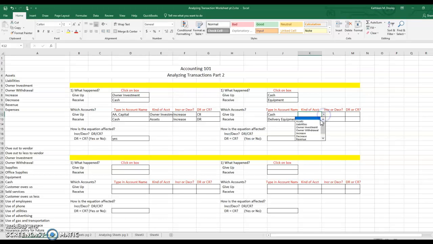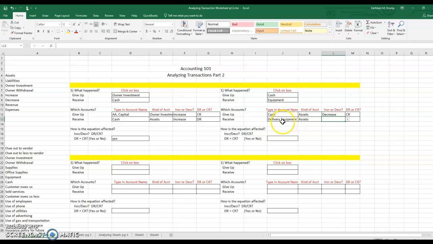Okay, cash is an asset. Delivery equipment is an asset. We paid cash out for the equipment, so we now have less cash. We have a decrease in our cash. Whenever I have a decrease in an asset, it's opposite of increase, and so that would be opposite of debit, which is credit.